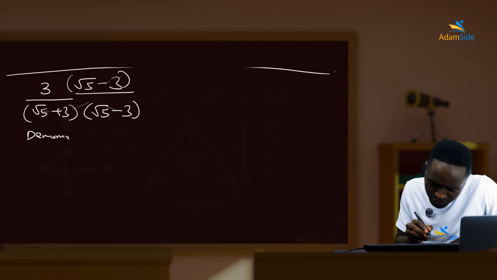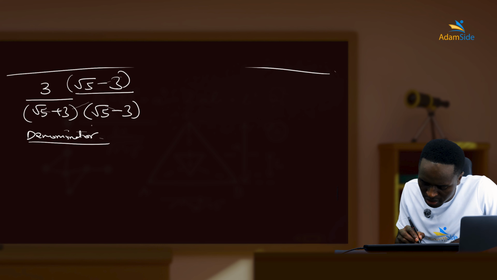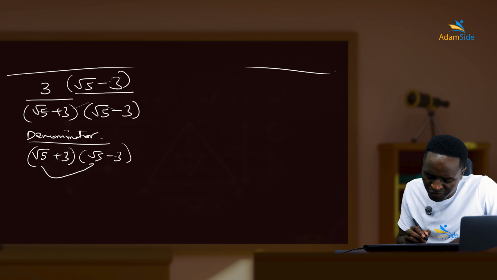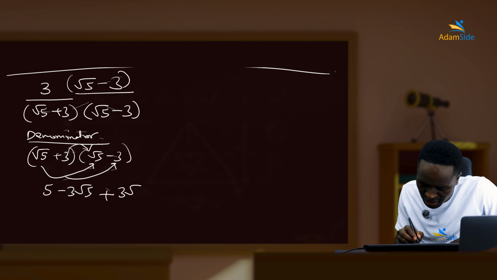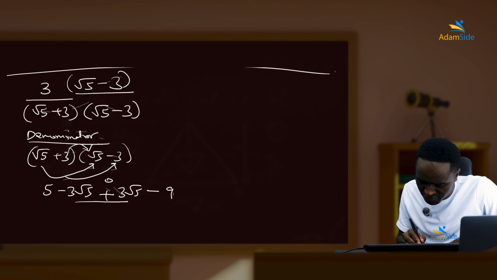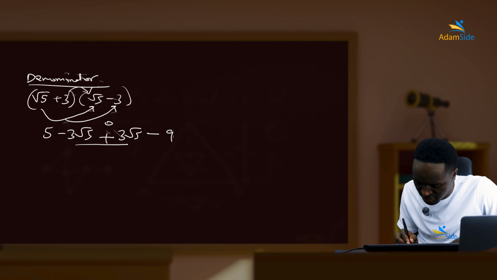Root 5 times root 5 gives 5. Root 5 times negative 3 is minus 3 root 5. Then 3 times root 5 is plus 3 root 5. And then 3 times negative 3 is minus 9. When you add the middle terms, they give 0. So 5 minus 9 is minus 4.